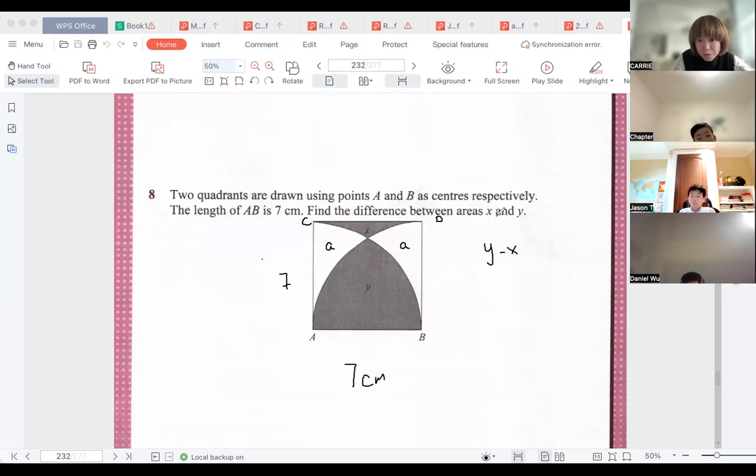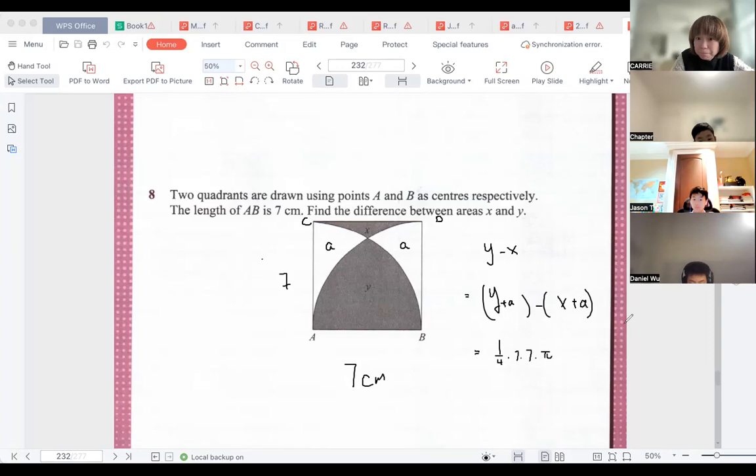They want to know the difference between areas X and Y. So Y minus X also equals Y plus A minus X plus A. Am I right, everybody? Because if you add the same thing, the difference stays the same, right? Y plus A equals 1/4 times 7 times 7 times pi.